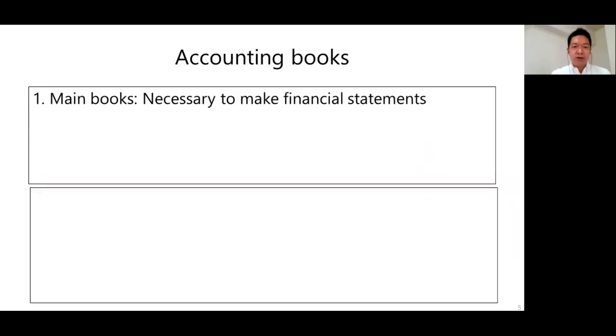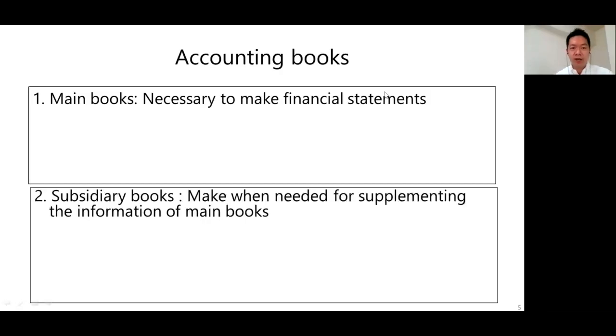Next one is the accounting book. There are two types of accounting books. One of the books is called main book. It's main, so it's necessary to make financial statements. And another one is the subsidiary books.